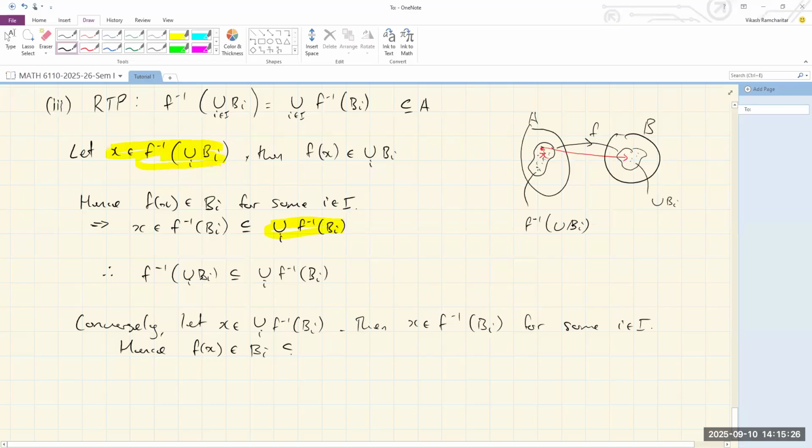And now B_i is clearly a subset of the union of the B_i's. So if f of x belongs to the union of the B_i, then that means x must be in the pre-image of the union of them.